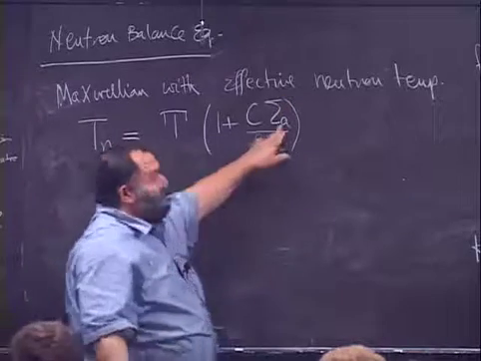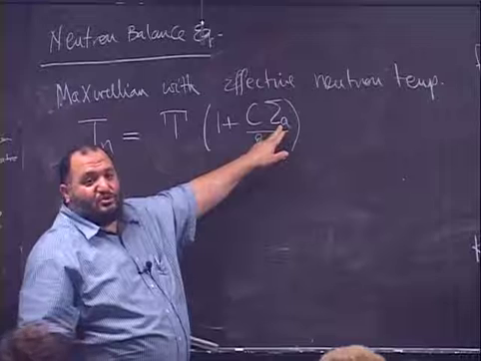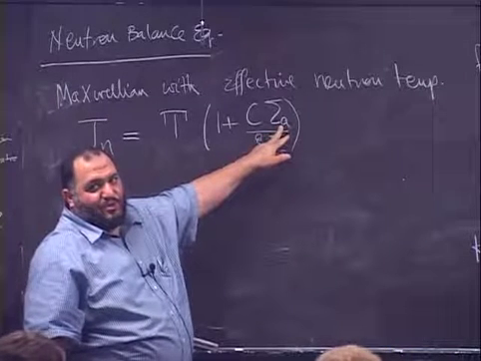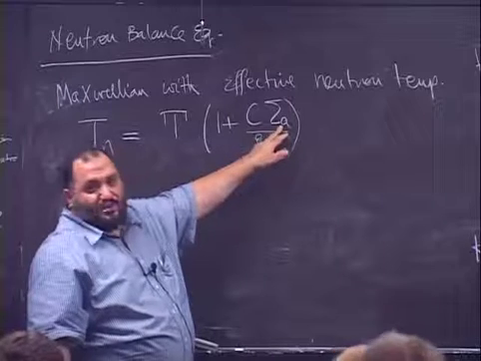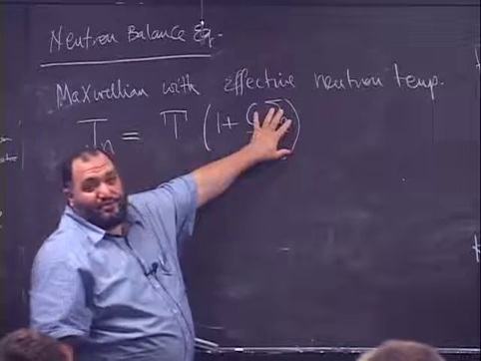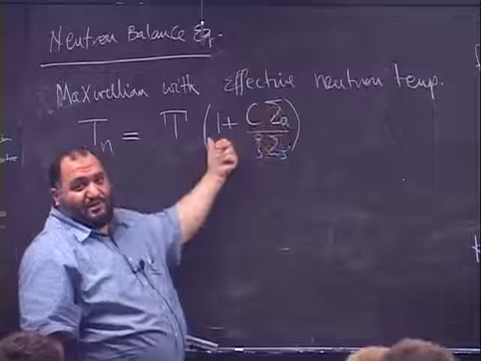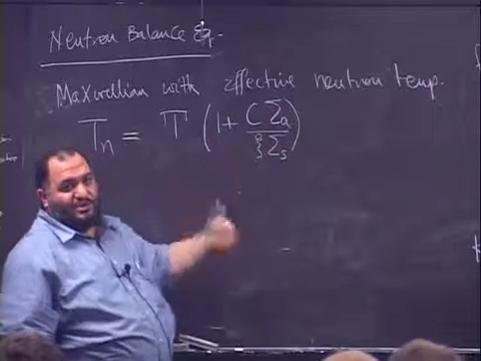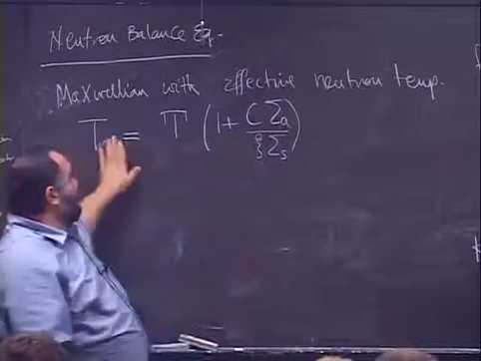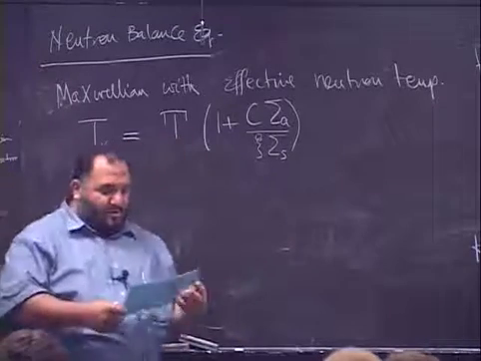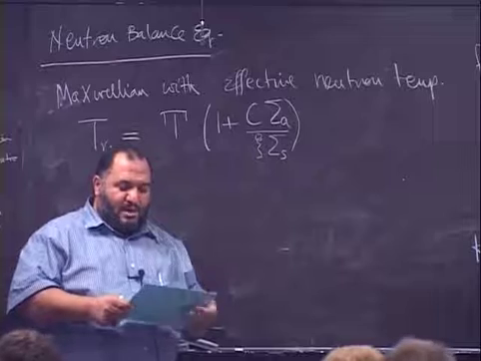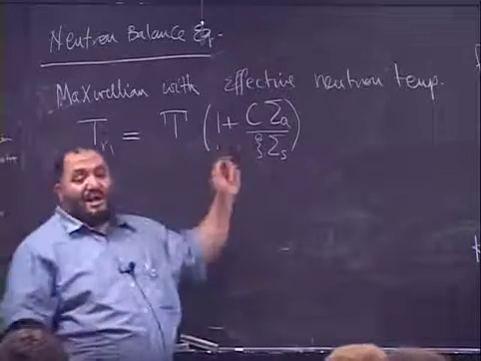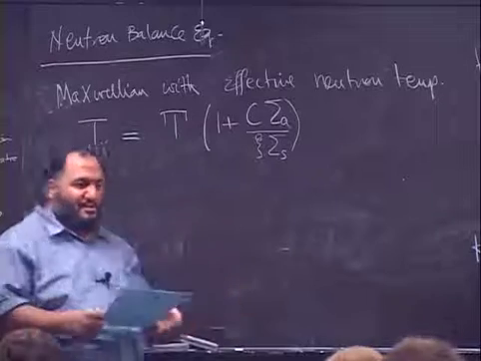So if there is no absorption, there are no sharks, and there is no bullet that will hit the wall. So this is 0. So what's the temperature now? It is the moderator temperature, the water temperature. So the neutron temperature will be the moderator temperature. Okay, guys? And C should be calculated experimentally.